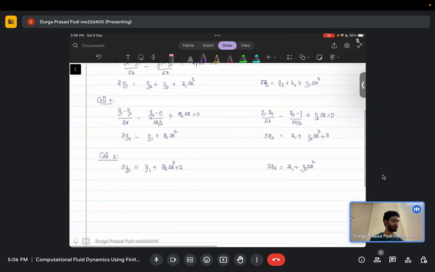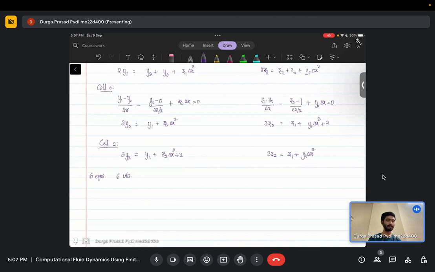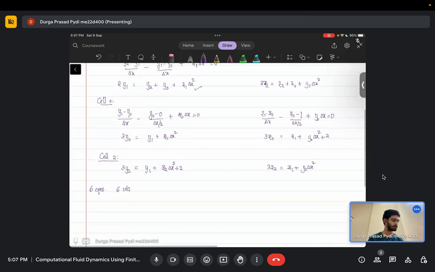So now we have 6 equations and 6 unknowns. As you can see, we cannot directly apply TDMA, so I'll number them.